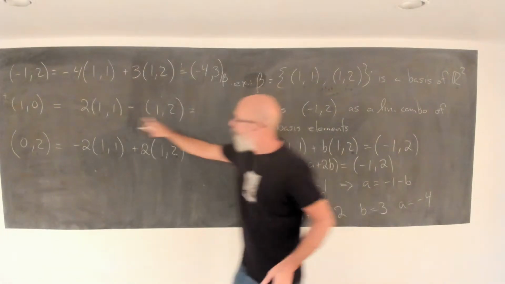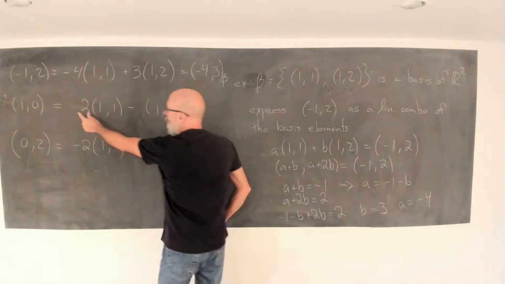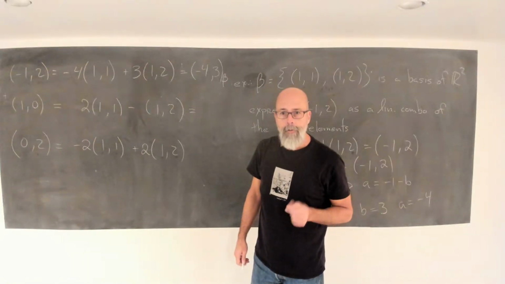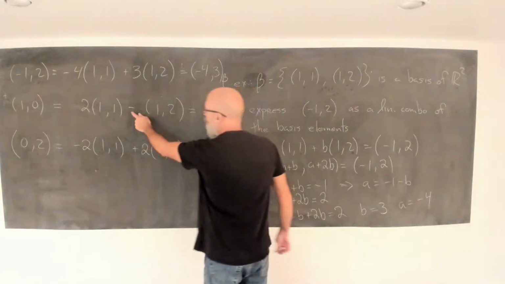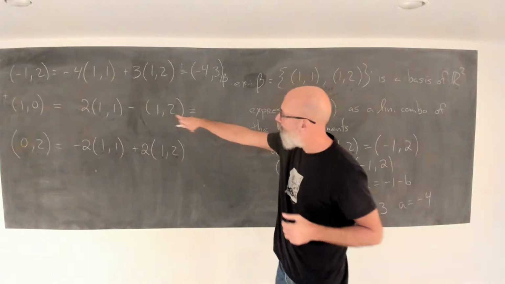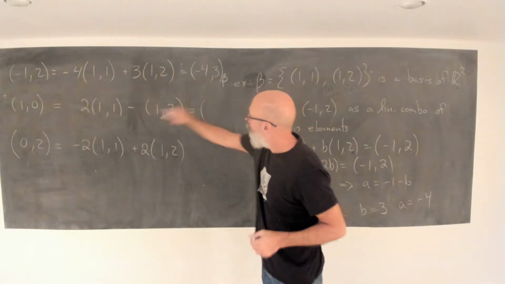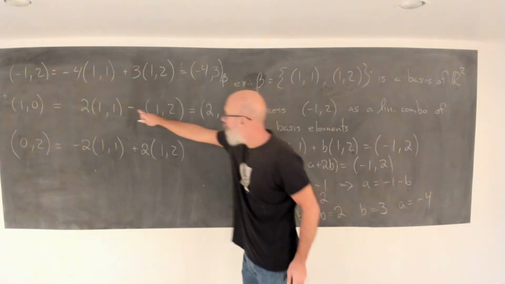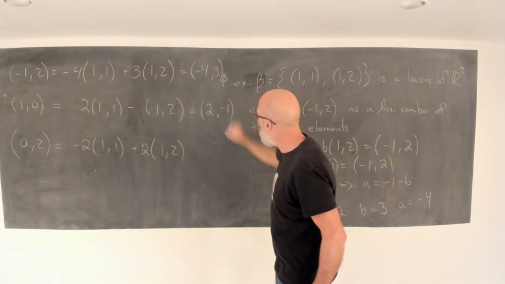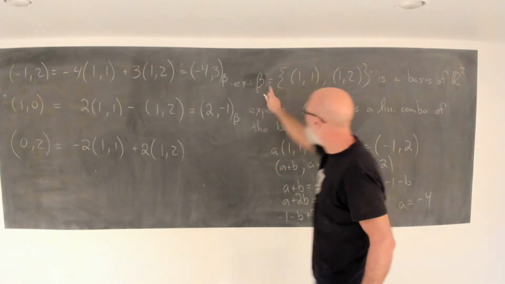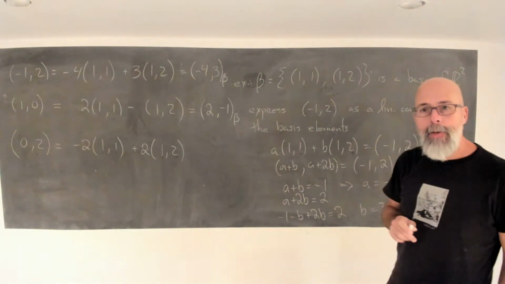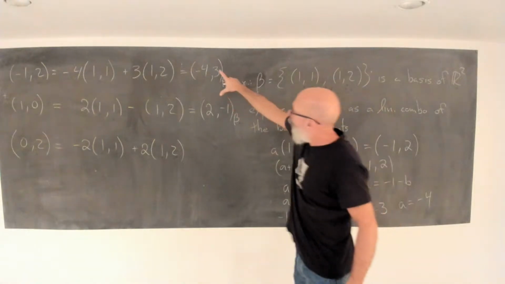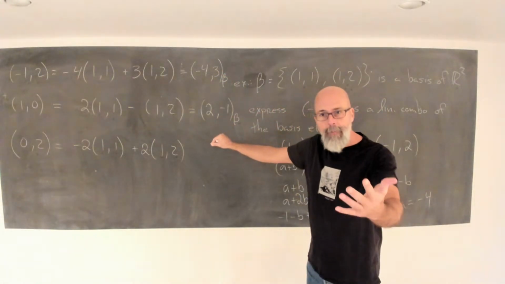Similarly, this vector, the vector 1, 0, is 2 times the first basis element minus 1 times the second. This linear combination is 2 times the first basis element plus minus 1 times the second basis element of the basis B. And when you added those together, what happened?